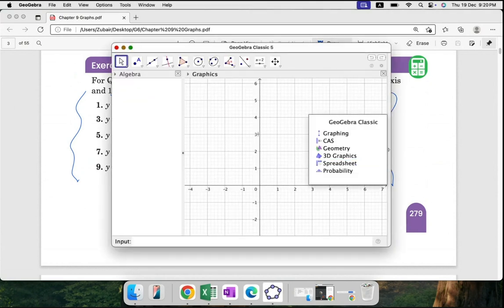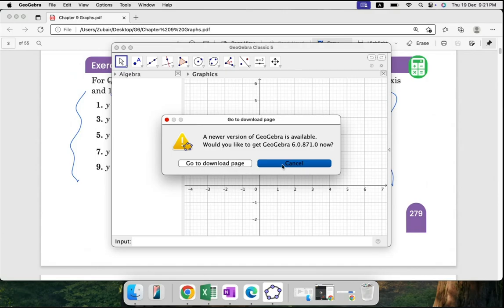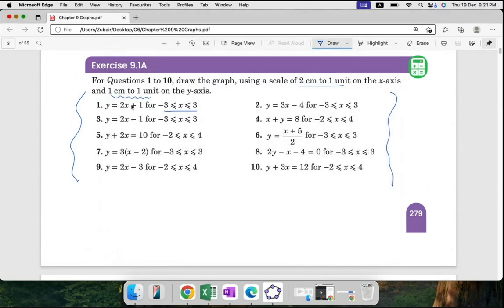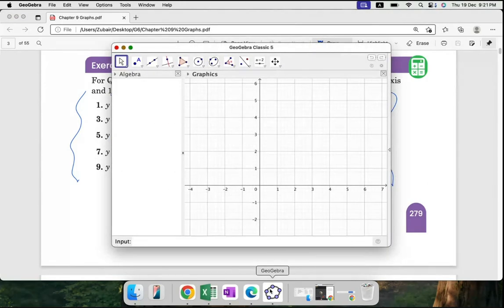Okay. Meanwhile, just for the sake of visuals, I'll show you. We just did y = 2x + 1. So if I type y = 2x + 1, this is how it looks.